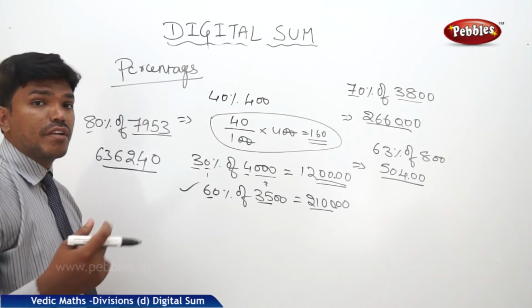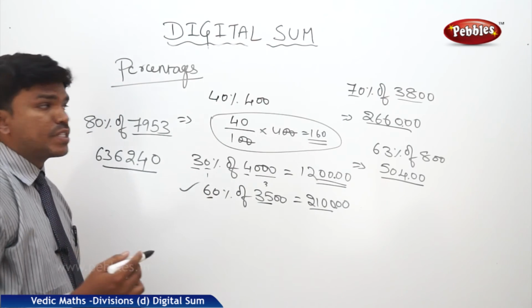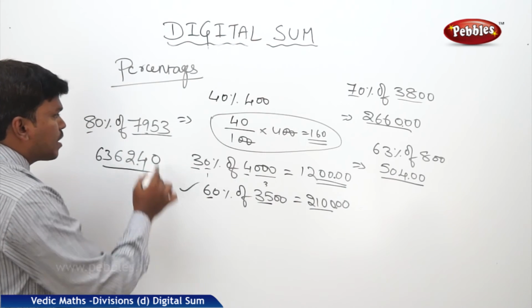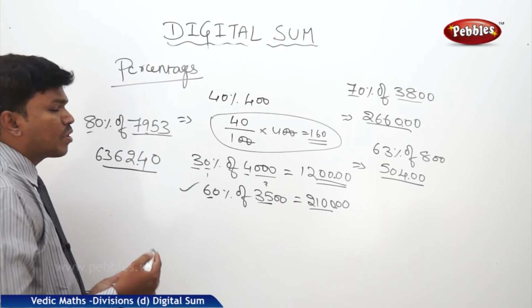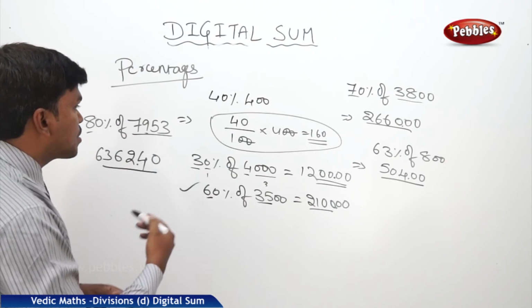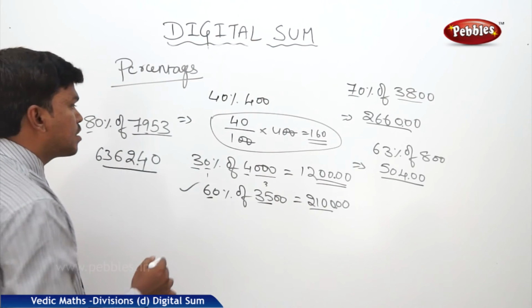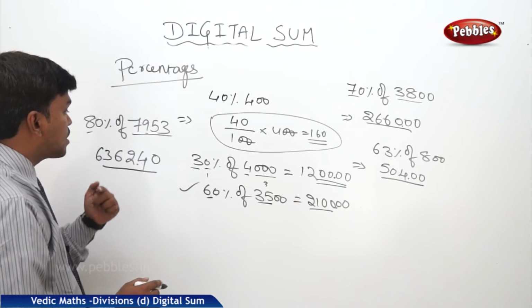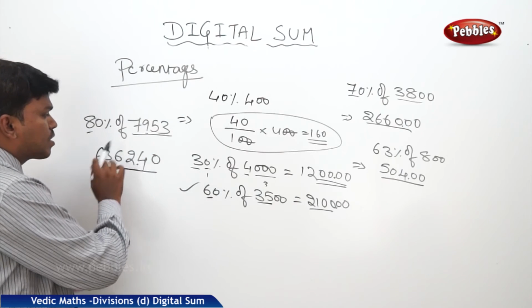Once again I repeat, directly multiply 7953 into 8. How will you multiply 7953 into 8? You can go in the mind. 8 7s are 56. 56 means in which place it is? Thousands. So 56,000 plus 7,200. 56,000 plus 7,200 is how much? 63,200. 63,200 plus 400, 63,600. 63,600 and 600 plus 24, 6,624.